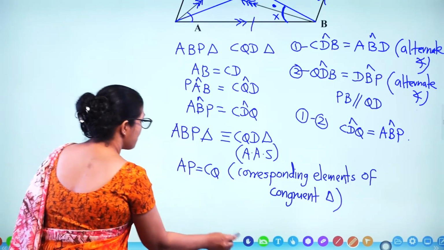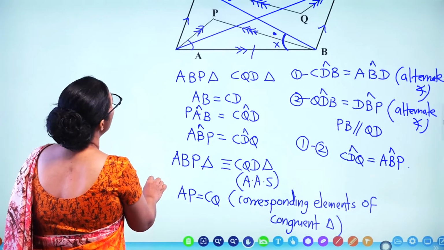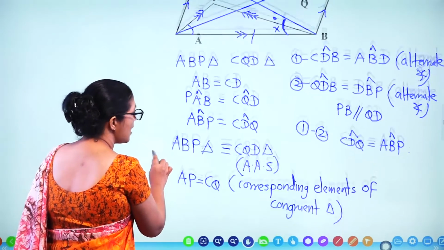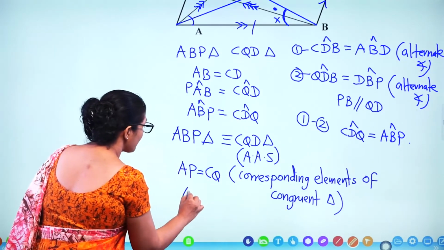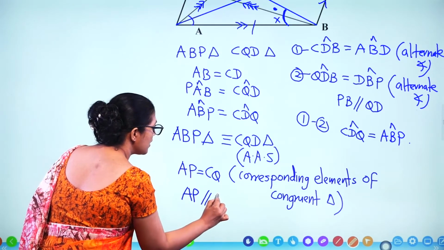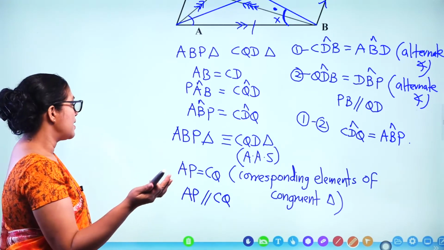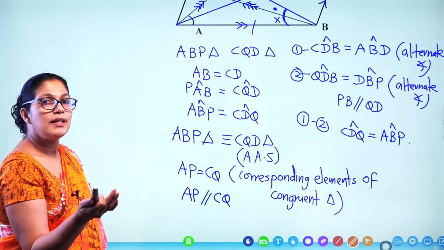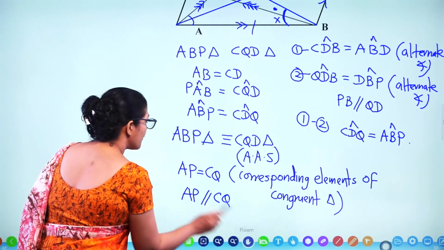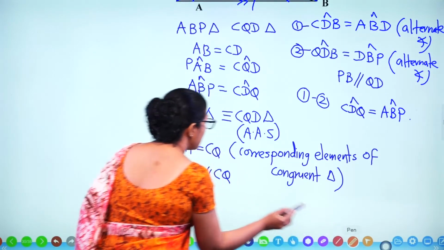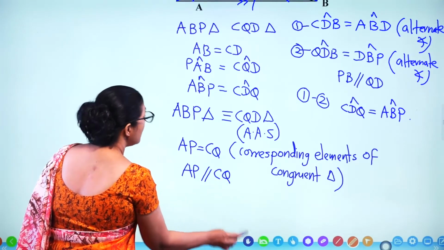Then we know AP is parallel to QC as well. AP is parallel to CQ. It's given. Opposite sides are parallel and equal. That means a parallelogram.